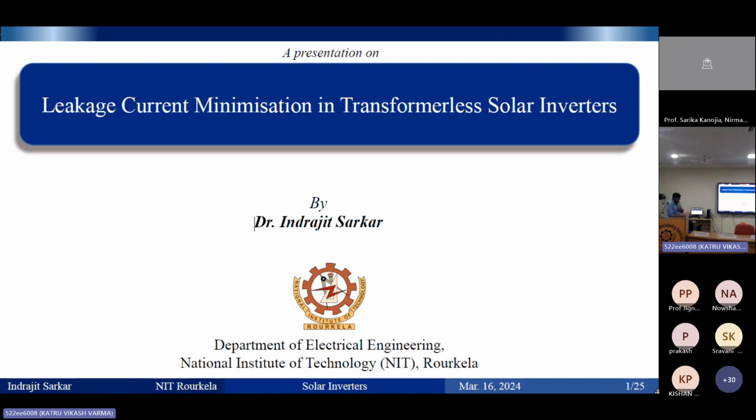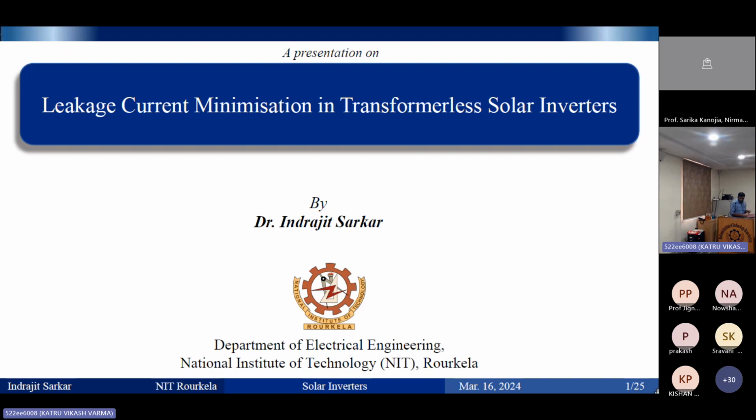We have seen that we worked on solar inverters, single phase, three phase, but there is a very crucial parameter that comes with a solar inverter: the leakage current that flows through the parasitic capacitance of the solar PV panel. That leakage current is going to affect the performance of the inverter and the quality of the power that you are injecting to the grid.